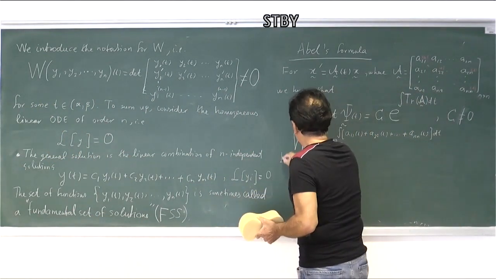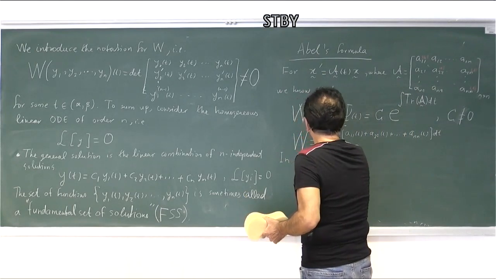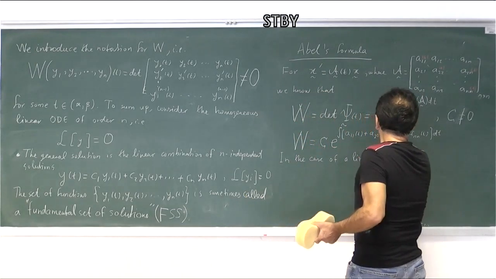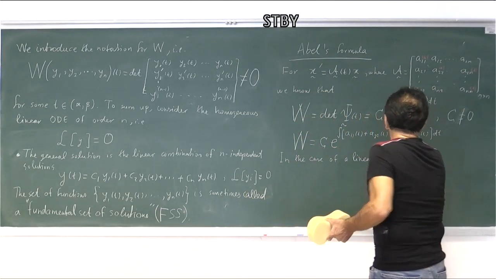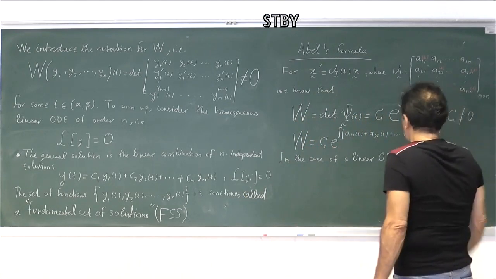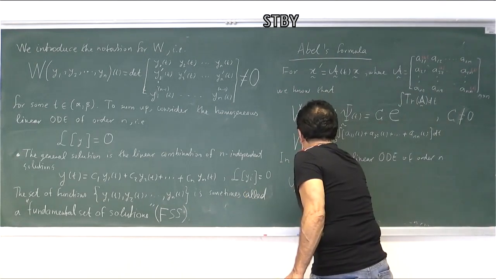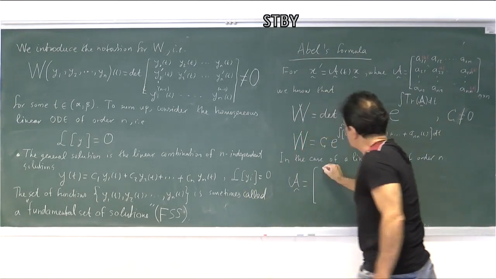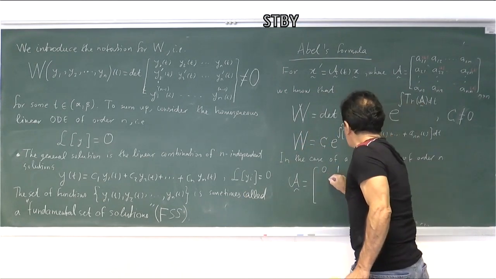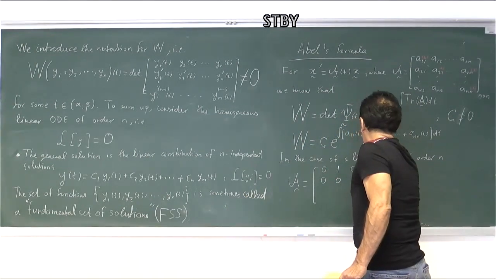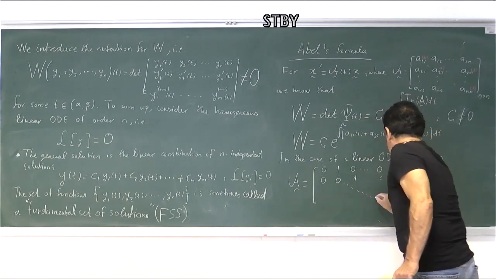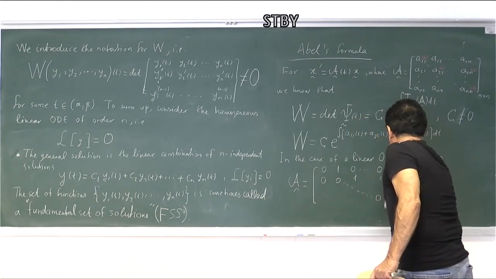So in the case of a linear ODE of order n, what is A? Recall: 0, 1, 0, 0; 0, 0, 1. So all diagonal entries are 0, except this 0, 1.